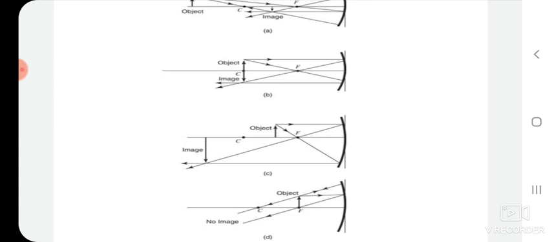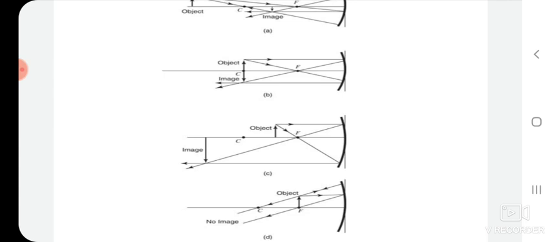Once again, light traveling along the optical axis is reflected back along the axis. And so if a point of the object is on the optical axis, its image is also on the optical axis. This is the main symmetry.